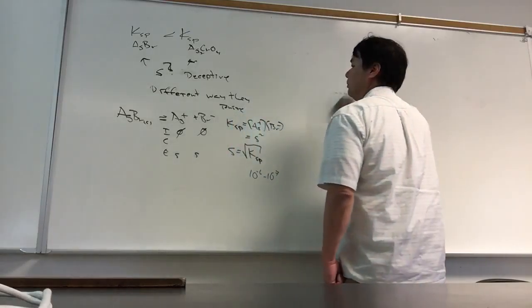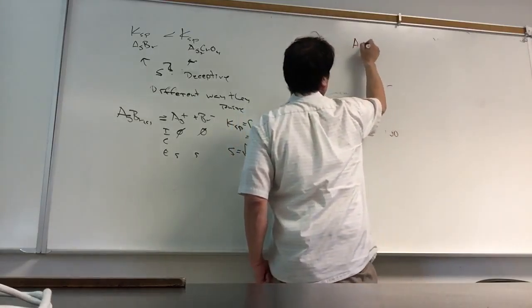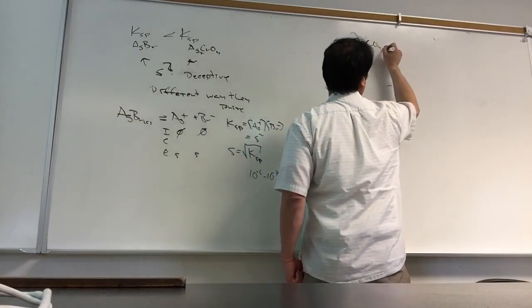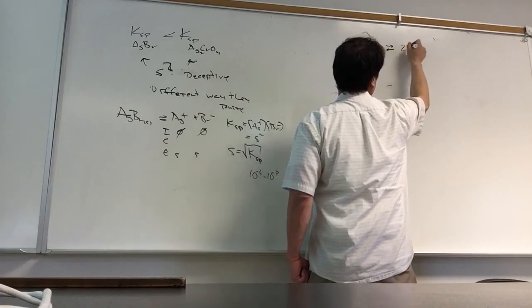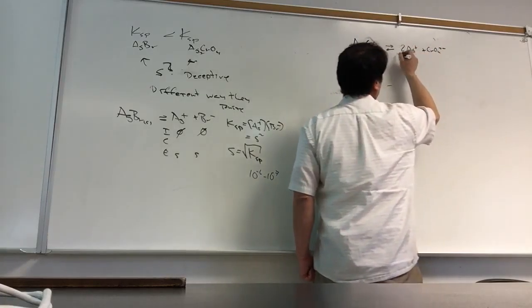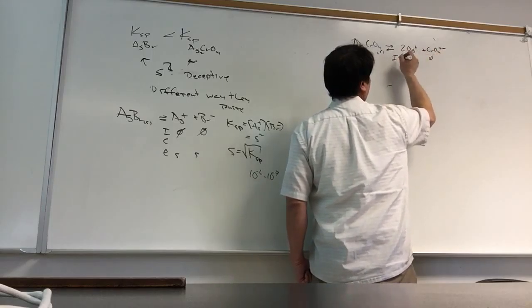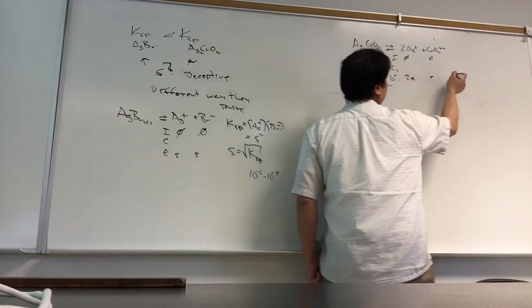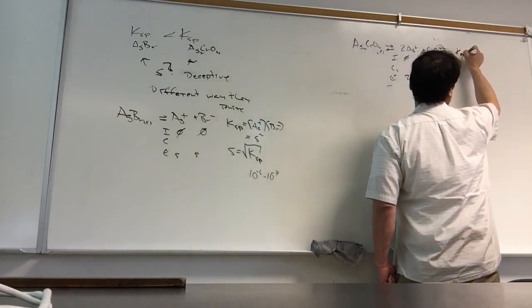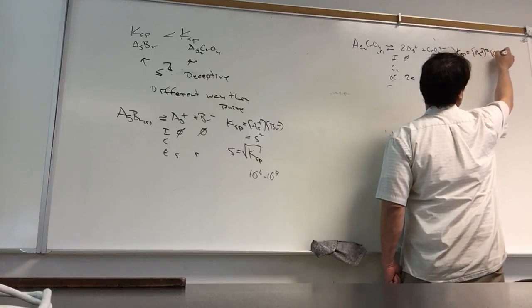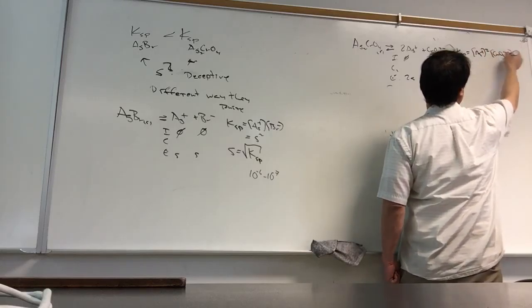Whereas when we look at silver chromate, it splits differently. This is going to split up into 2 silvers and 1 chromate. And so initially we'll just assume that everything is all solid. So we're going to have 2S and S here. And the KSP is going to equal the silver ion concentration squared times the chromate ion concentration.